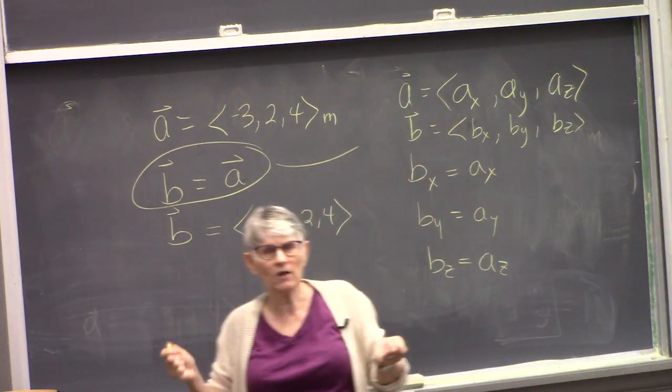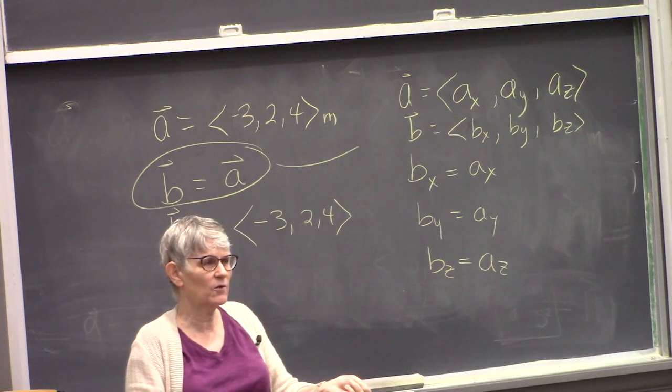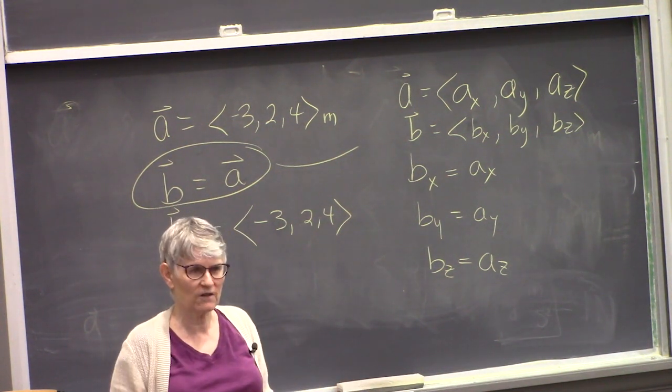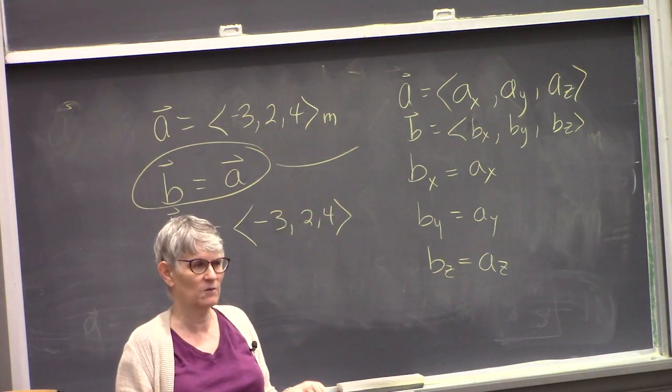Okay, so equality of vectors means all the components have to be equal, the directions have to be equal, the magnitudes have to be equal.